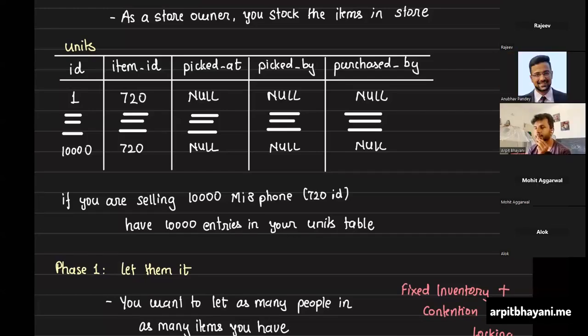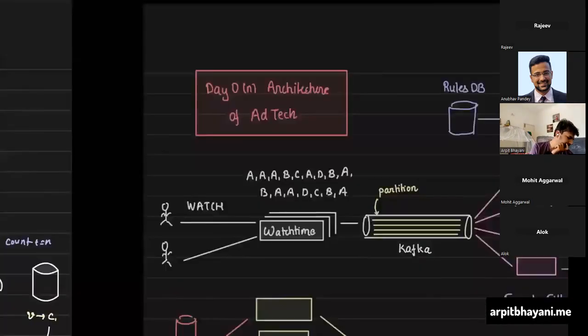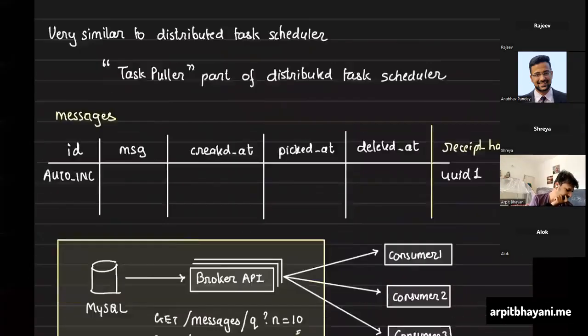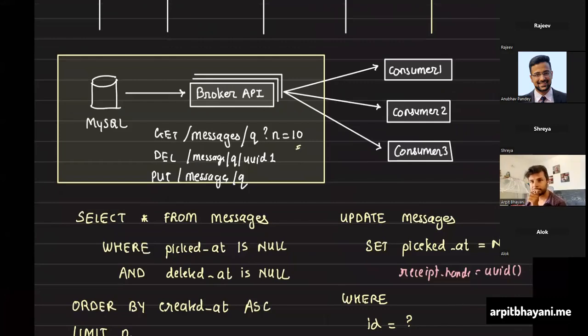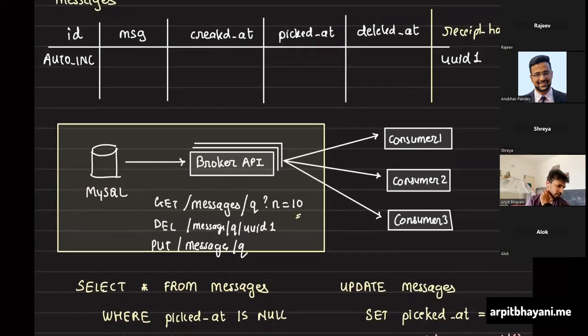Arpit, for the SQS message queue, if you can go to that diagram. Basically, the select query where we are reading the jobs. Now, is the table indexed on created at? Yes. That answers the question. It needs to be, right?